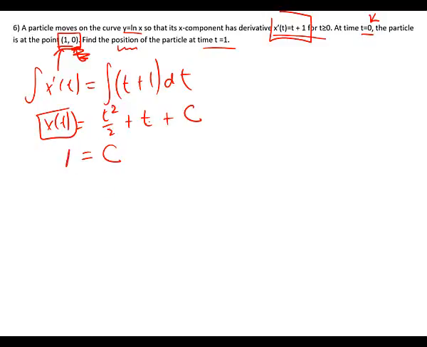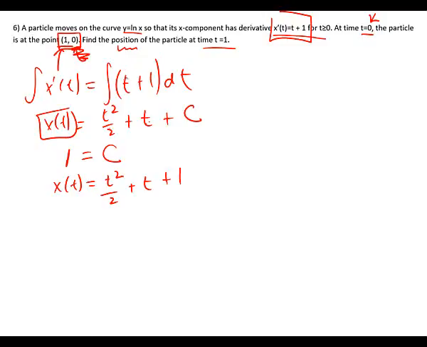So I'm going to plug in the x value, which is 1. Now if I redo my function, x of t equals t squared over 2 plus t plus 1. C equaled the x value in this case. If it had given you y of t, you would have put in the y value. But that is just the x.